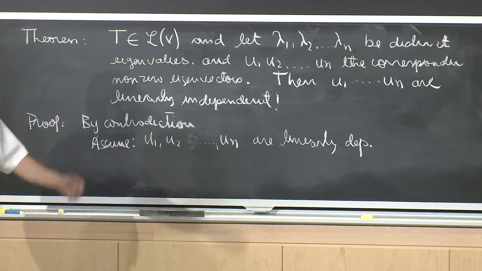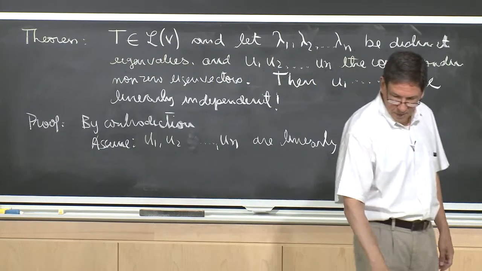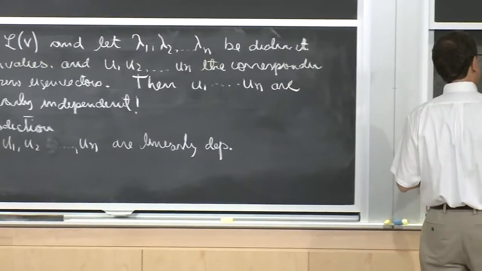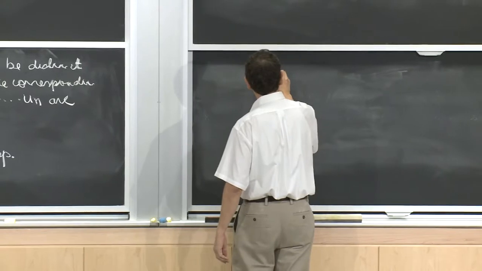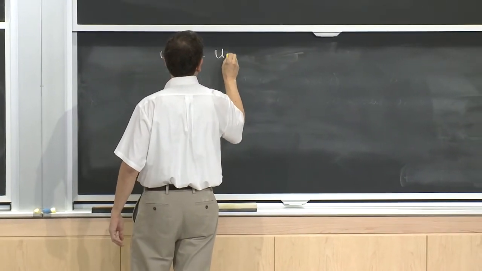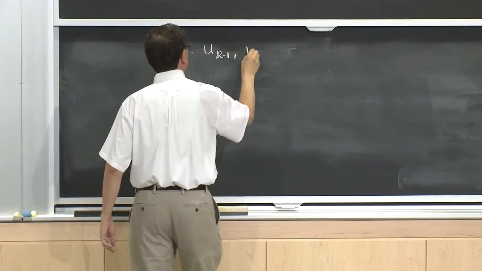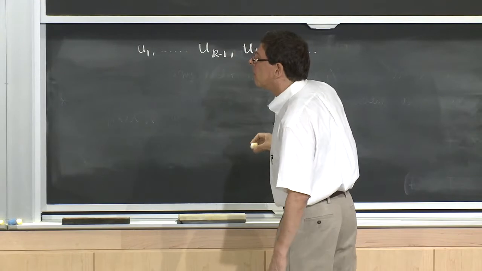So how are we going to get in trouble? I'm going to be a little more explicit about this. For this, I will say the following. Consider these vectors, again ordered, u1, up to uk minus 1, uk, up to un.